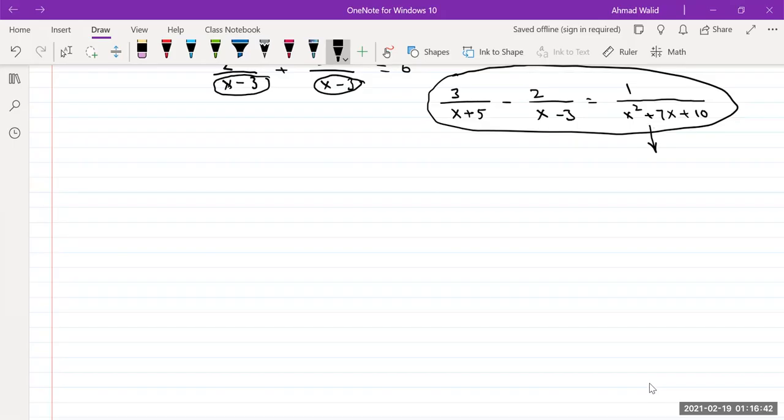If it's not possible, of course, you keep it that way. But if it's possible, you have to first factor it to know what are the factors of this trinomial. Then after that, it's easy to find the LCM or the least common denominator in this problem. For example, here, immediately I know the factors are x plus 5 and x plus 2.